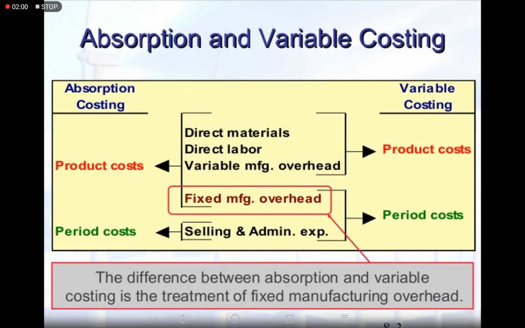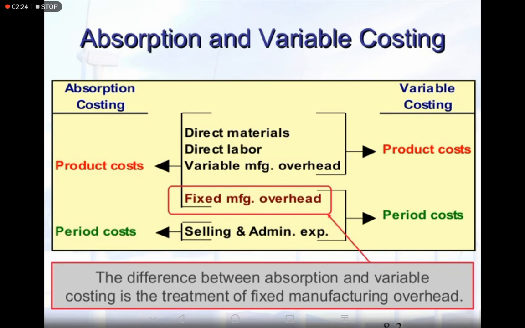So those 100 units would include the cost of direct material, direct labor, and variable manufacturing overhead. They will not include the cost of factory rent, because that factory rent is a fixed manufacturing overhead and not a variable overhead. So that fixed manufacturing overhead will be subtracted at the end in the variable costing method.